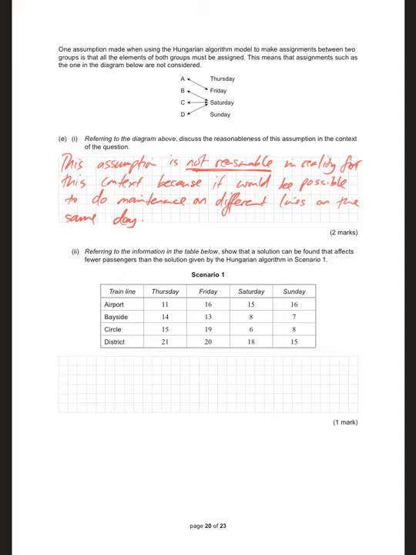So referring to the information in the table below, show a solution can be found that affects fewer passengers than the solution given by the Hungarian algorithm. So if we're able to do things on the same day, you should just be choosing the smallest numbers. So 11, 7, 6, 15.